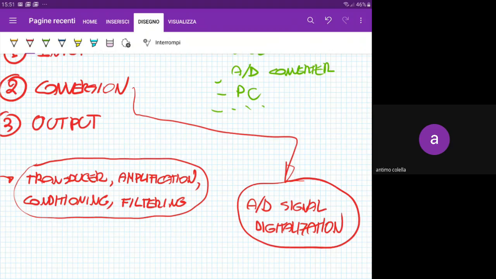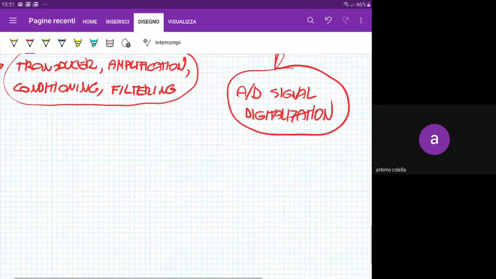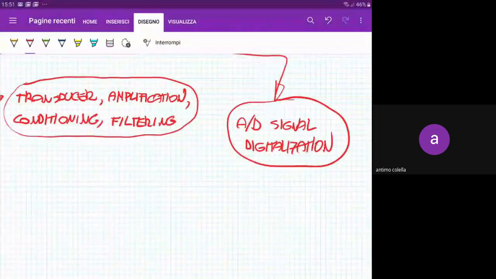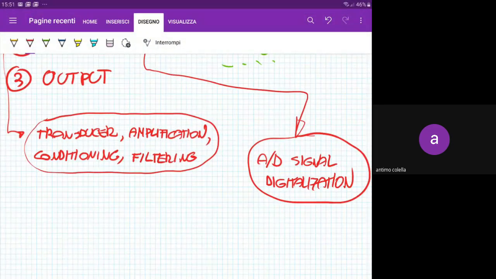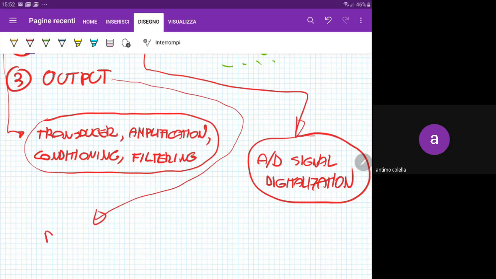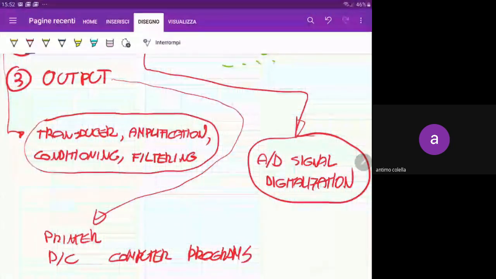And finally, the output. The output is very trivial also in this framework, because the output is just telling me that we have, for example, the need to print out your whatever behavior. We have to use, let's say, a PC, computer programs, and so on, whatever.